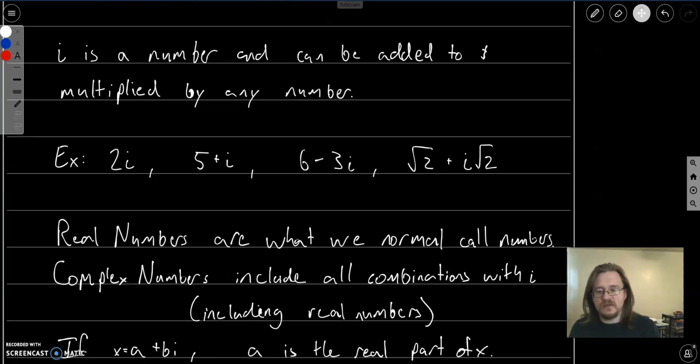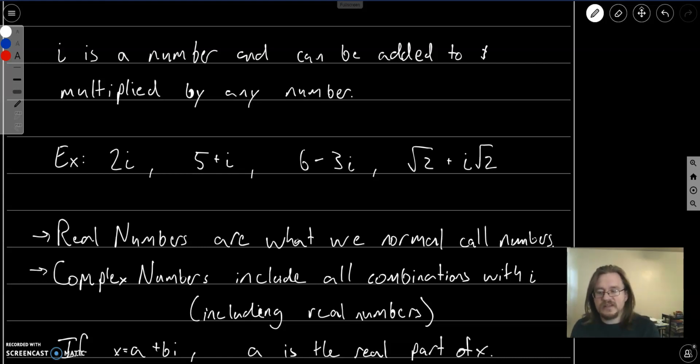So these numbers are what we call complex numbers. Real numbers are what we're used to. A real number is a number that is going to be an integer like 2 or 3 or -17, or it could be square roots of these, so the square root of 2, the square root of 17, these sorts of things.